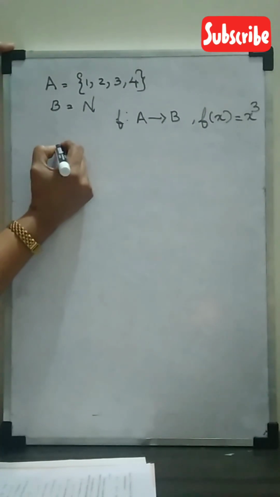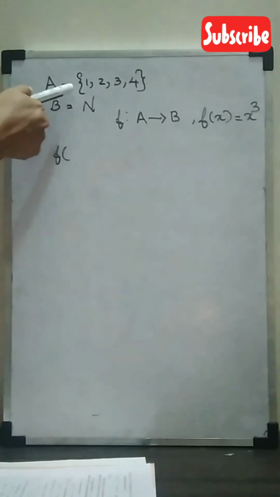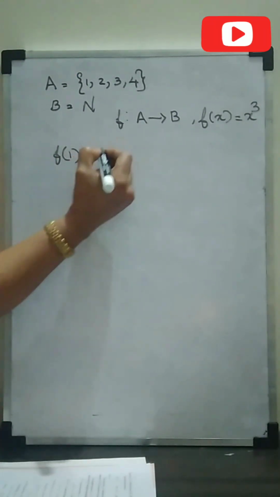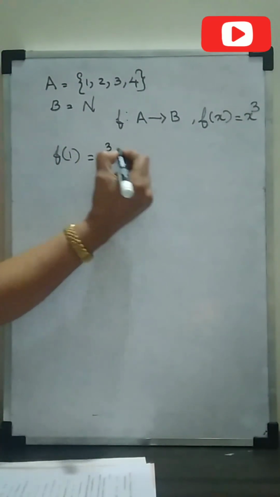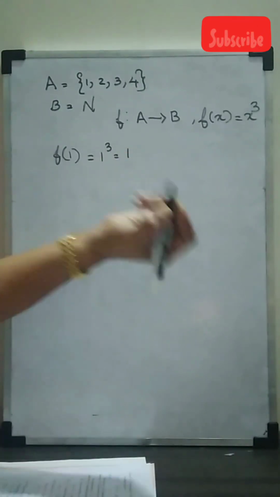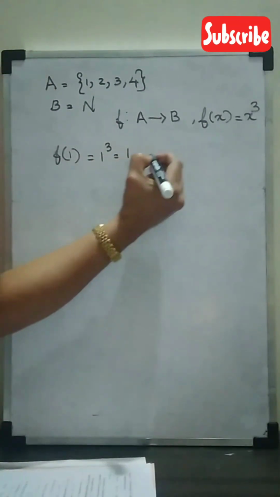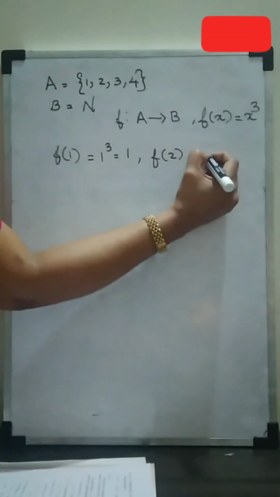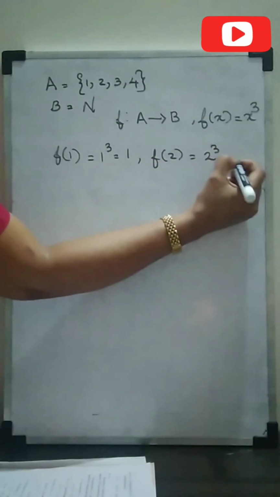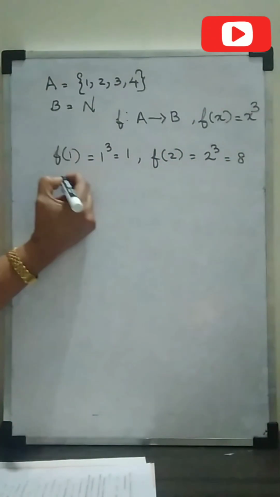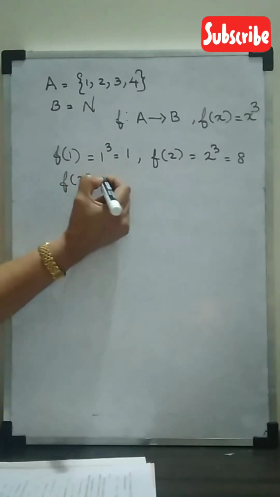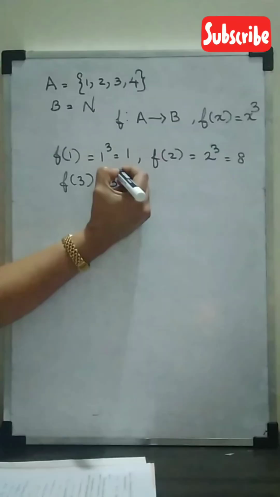So f of domainல இருக்கிற first element. What is that? f of 1. f of 1 is equal to 1 cube. That is equal to 1. Next one f of 2. f of 2 is equal to 2 cube. That is equal to 8. Next one, f of 3. f of 3 is equal to 3 cube.